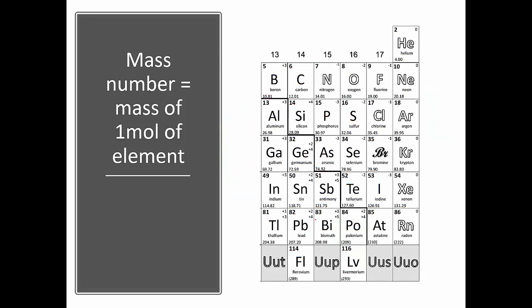So if you have a mole of it, you're going to have that many grams of it. Using your periodic table, the mass number equals 1 mole of that substance. If you have 1 mole of carbon, that is going to equal 12.01 grams of carbon.